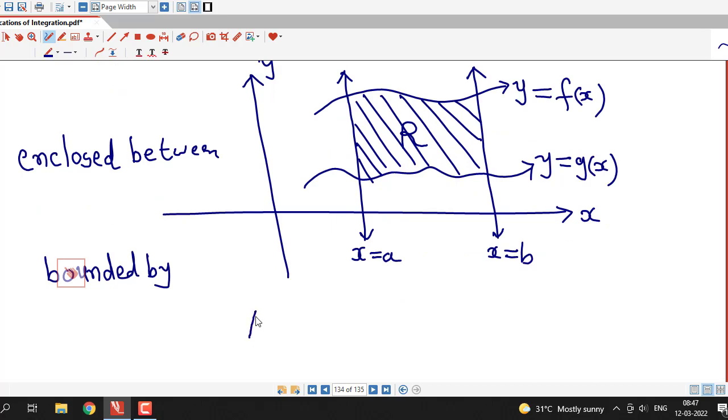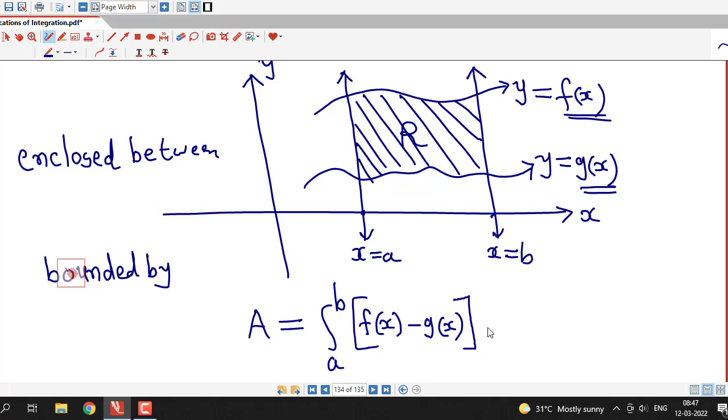So for that we can write the formula. We will integrate from x equal to a to x equal to b, and the difference of these two, upper function minus lower function. Our function at the top is f(x) and function at the bottom is g(x).